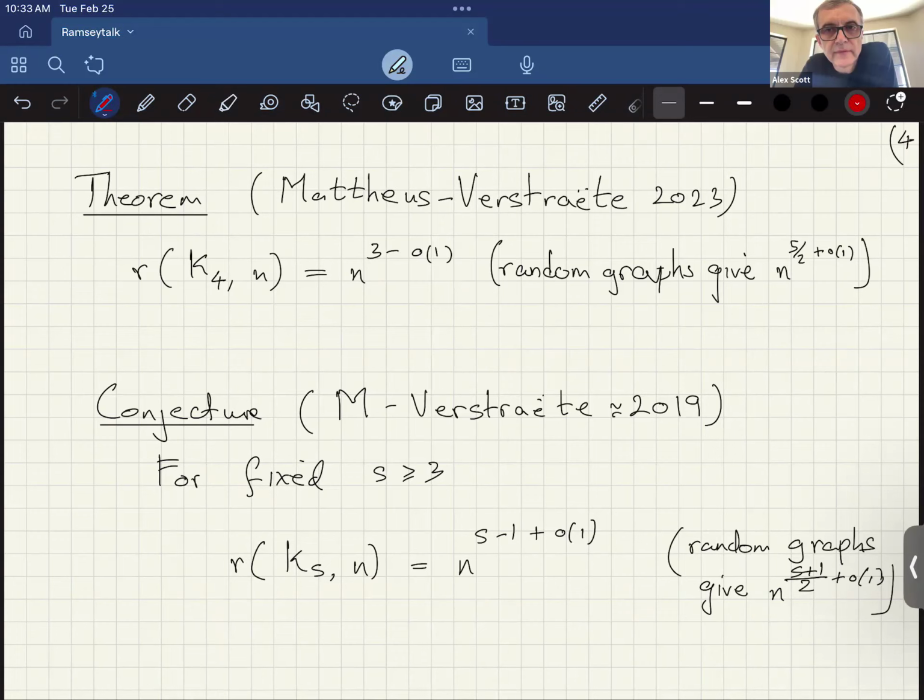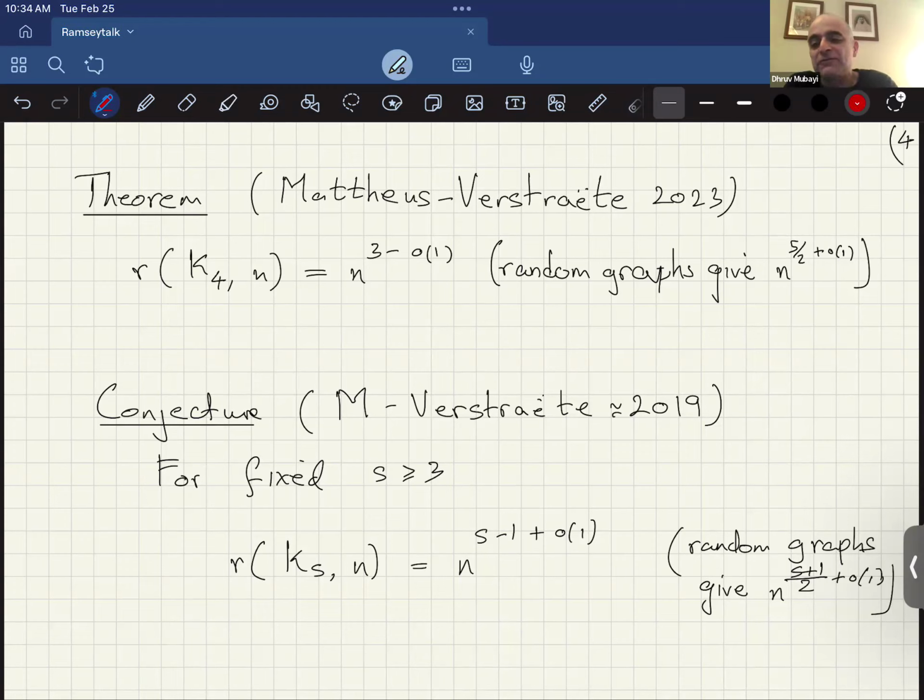And that is random. But we also didn't have a better construction for R4T than n to the 5 over 2 until it was shown to be n cubed. So it's possible that there's some extension of this construction that gives another n cubed for R5T. So maybe we can match random with non-random, but I have zero belief that random is the correct answer for RST for s greater than or equal to 4.